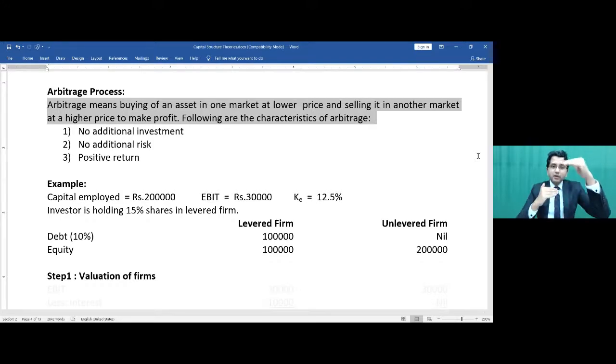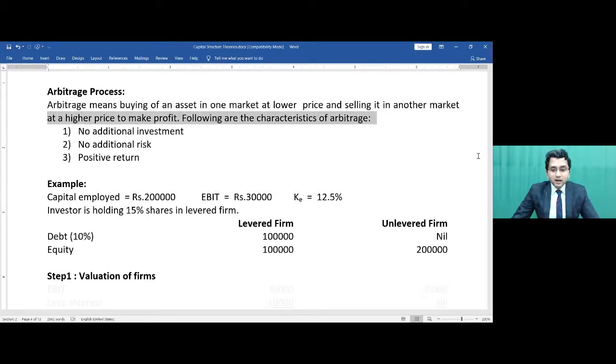So this disequilibrium will cause somebody to do the arbitrage. You go to Mumbai, buy gold over there at 50,000, sell it in Indore at 53,000, make a profit of 3,000 rupees. So arbitrage means buying of an asset in one market at a lower price and selling it in another market at a higher price and making profit. Now, following are the characteristics of any arbitrage process.